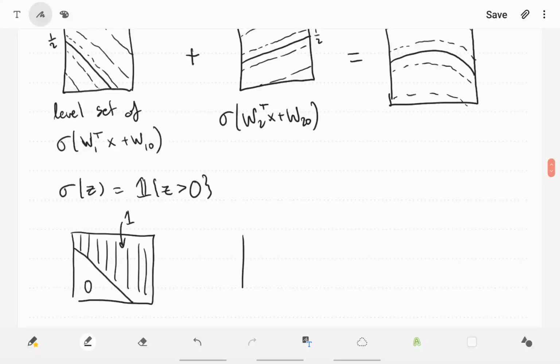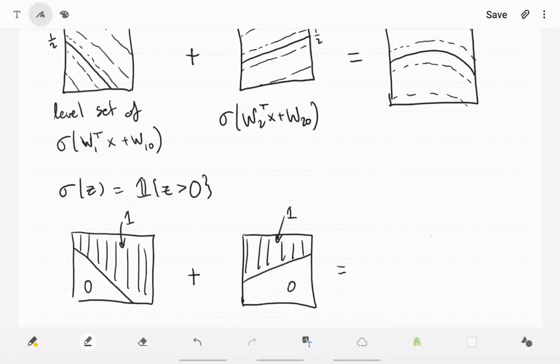And then this one, if we think about it, then here we're going to have it be 1, and down here it'll be 0, for example. So then when we add these two together, we get something that looks like the following. We have a function which looks like the following, where these 2 points overlap.